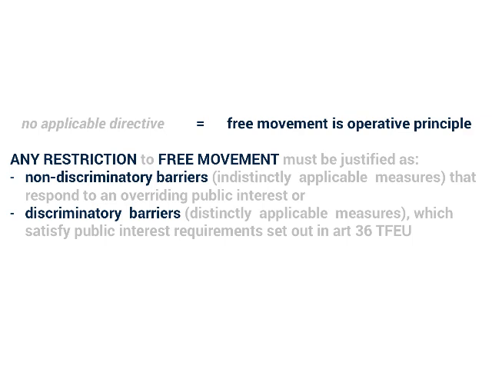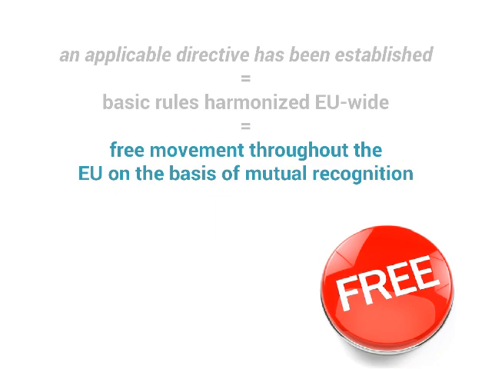However, member states remain free to establish a non-discriminatory barrier or an indistinctly applicable measure that responds to an overriding public interest. Or alternatively, a member state can adopt a discriminatory barrier limiting free movement. This is called a distinctly applicable measure, where the measure satisfies Article 36 of the TFEU in the area of goods, for example.